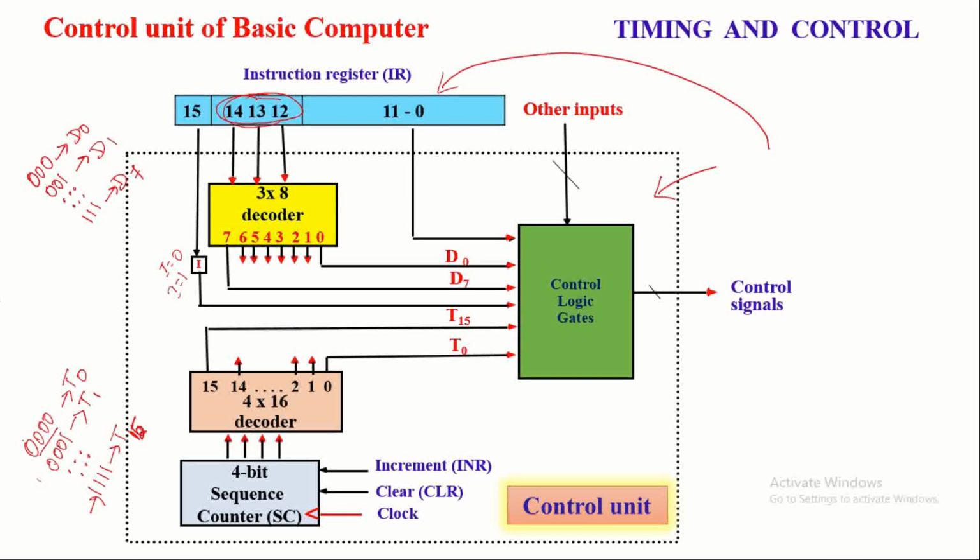The opcode bits are 3 bits, right? So the opcode values can be anything in the range 000 up to 111, whose decimal equivalents are 0 up to 7.